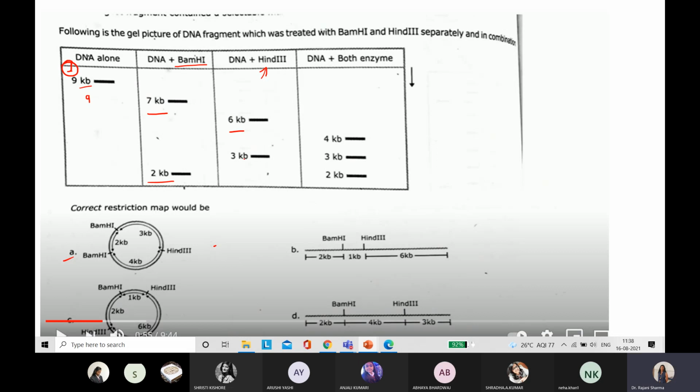When we restrict the DNA with HindIII, we get a 6 kb DNA strand and another of 3 kb. And when both are used, we get 3 restriction fragments. Now you try to find out, so that I can understand how much you have understood about the endonuclease. After that I will explain.